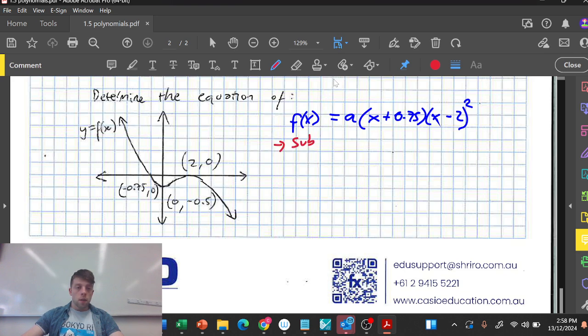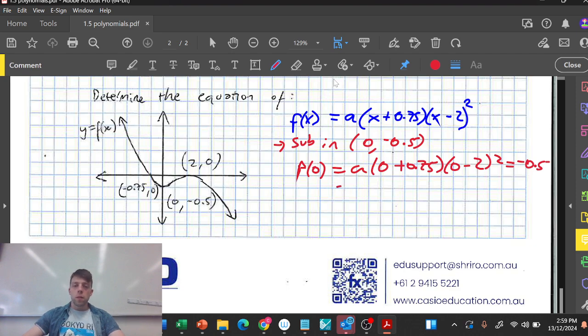So let's sub in 0, negative 0.5. Remember, this is an ordered pair. We have x, then y. So we're going to sub in f of 0 should be equal to, if I replace this with 0, a times 0 plus 0.75, 0 minus 2 squared, that should be equal to negative 0.5. So let's see what a must be equal to in that situation.